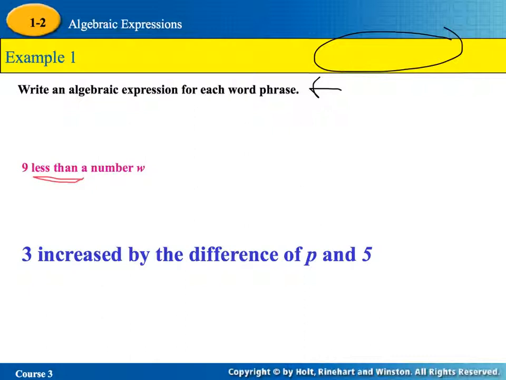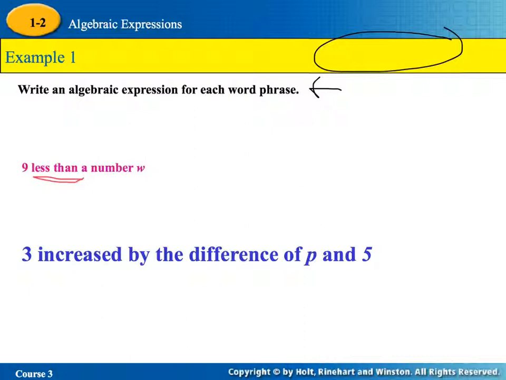If you're looking at that algebraic expressions sheet with addition, subtraction, multiplication, and division and all those word phrases, if you look at that less than, it says 11 less than a number. What did we talk about? What happened with the x and the 11? They flipped. Remember, even though it was 11 less than a number, I wrote x minus 11.